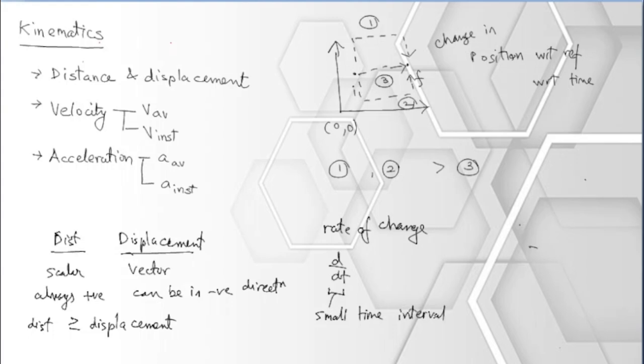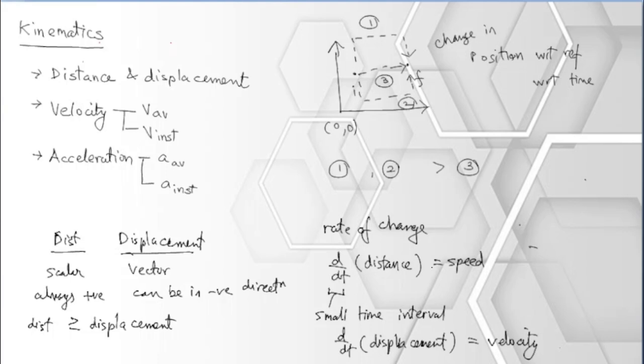So d by dt of distance, or rate of change of distance, was known as speed. But if you had rate of change of displacement, it gave you velocity. Speed is a scalar and velocity is a vector.